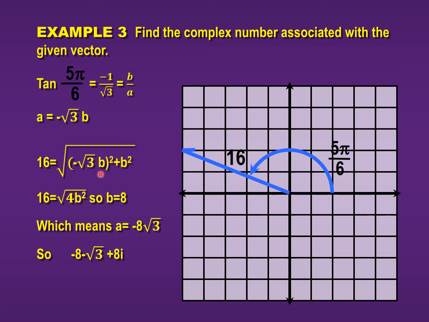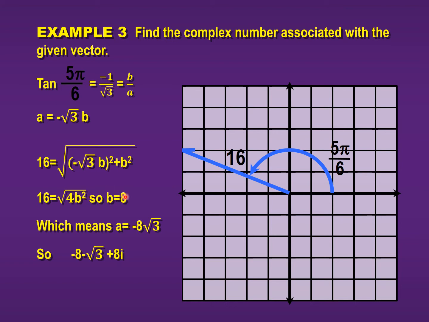And so now I can simplify. The negative square root of 3 squared is just 3, and b squared is b squared. So I've got 3b squared plus b squared. That gives me 4b squared. So if I solve this, I square both sides and then divide both sides by 4, and then I square root both sides. I find out that b is equal to 8.